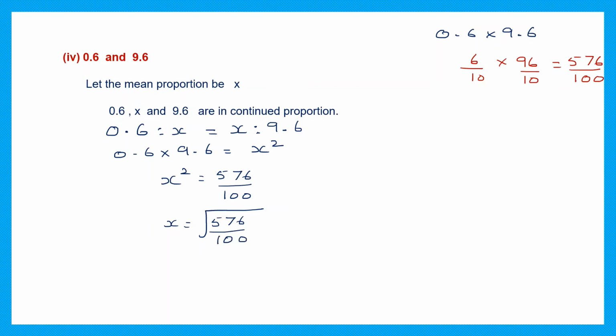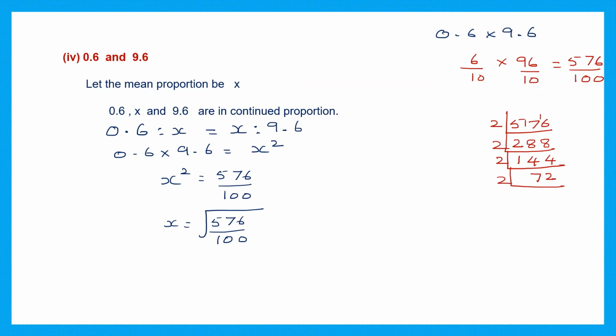So first let's find the square root of 576. Let's use 2. 2 2s are 4, 5, there's 1 left, so it becomes 17. 2 8s are 16, there's 1 left. 2 8s are 16. I continue with 2. 2 1s are 2, 2 4s are 8, 2 7s are 14, 2 2s are 4.